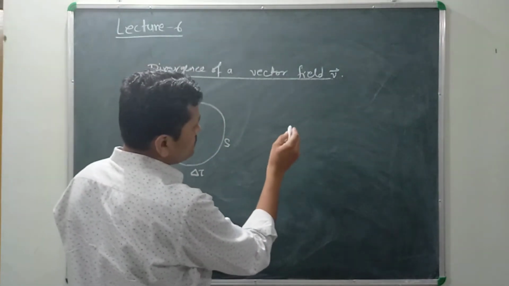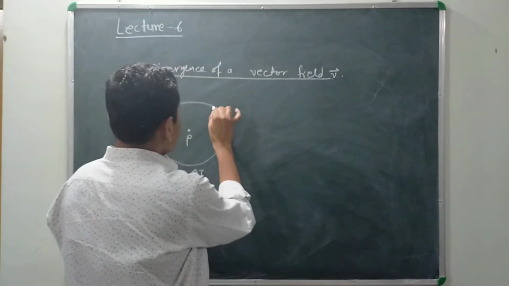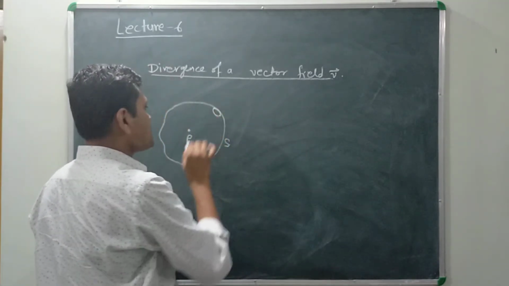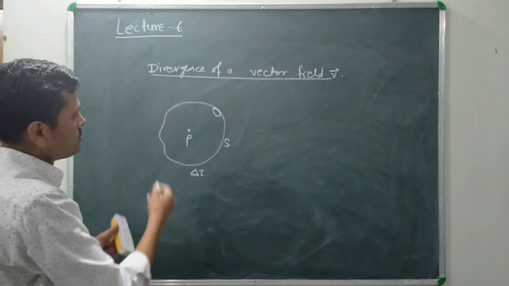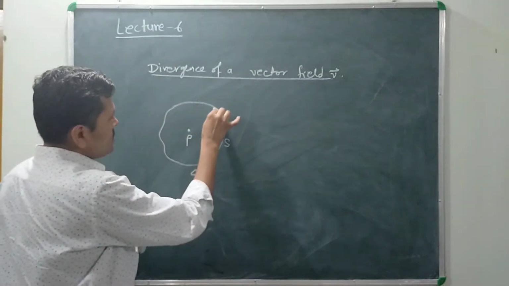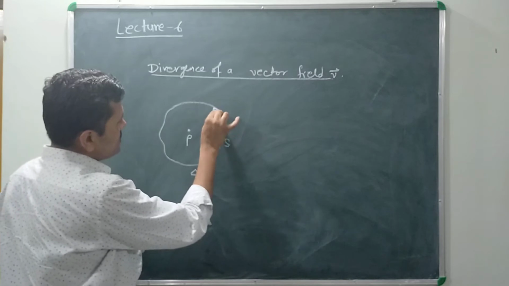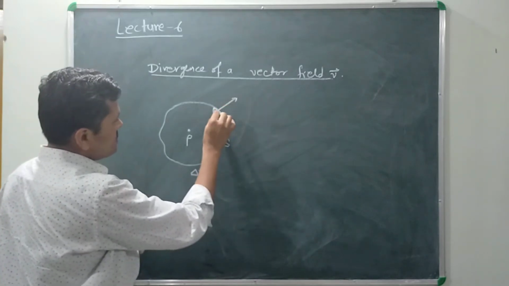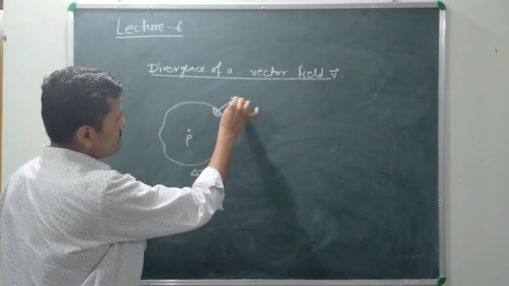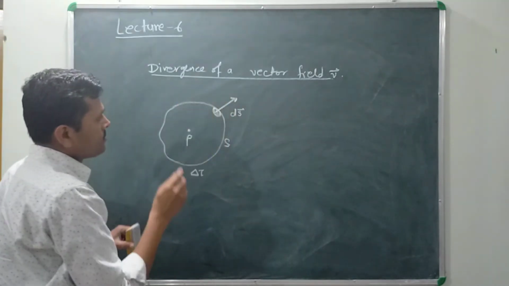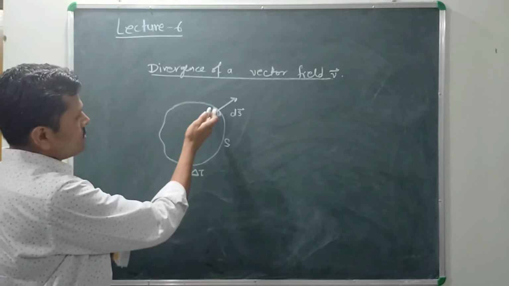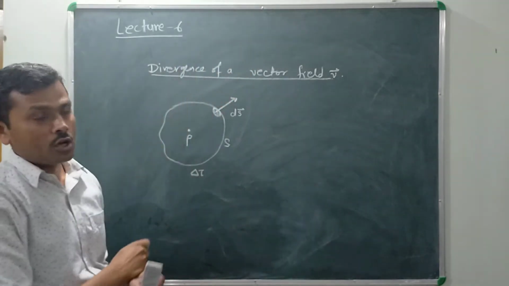Then consider a very small area on this balloon-like closed surface. This very small area is say ds. It may be assumed to be a vector ds having direction towards the outward normal.